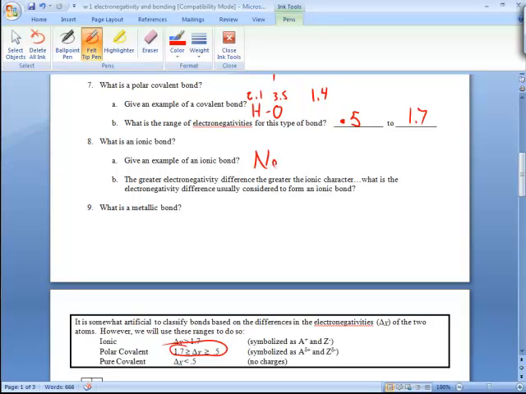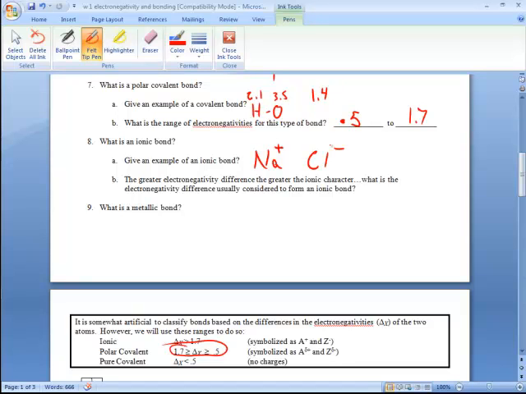Well, if we have sodium, whose electronegativity is so small, and we bond it with chlorine, whose electronegativity is so large, the sodium will completely lose its electron and the chlorine will pick it up. We have a transfer of electrons, and that transfer of electrons forms an ionic bond. Ionic bond. Taken, not shared.